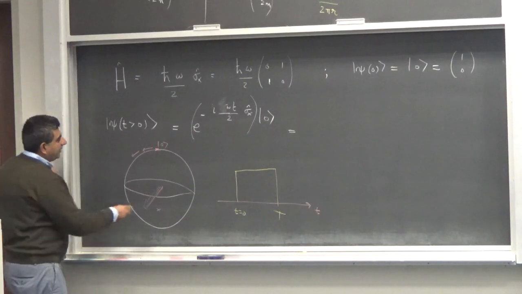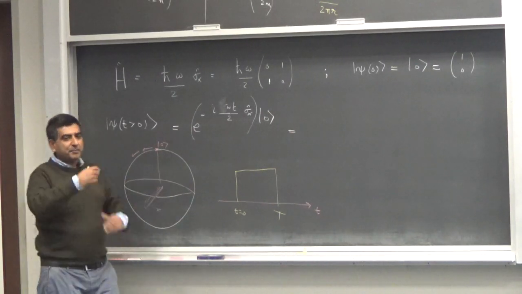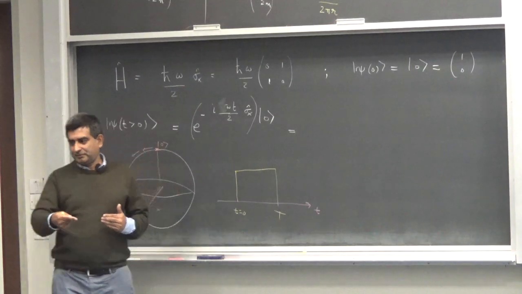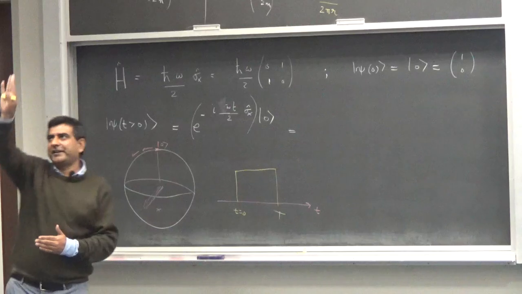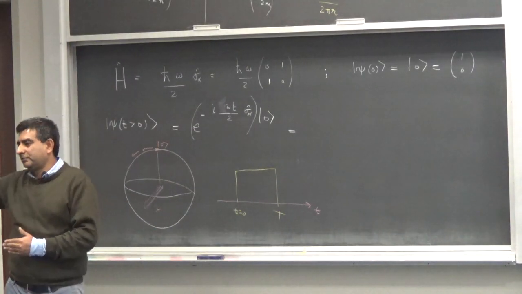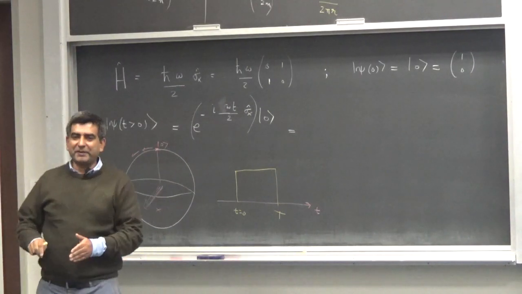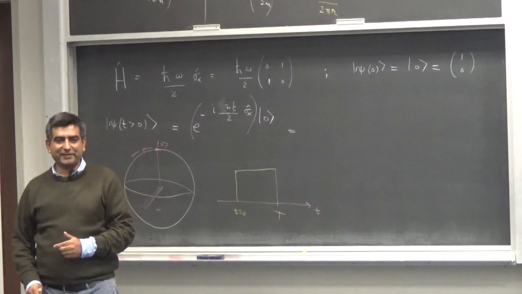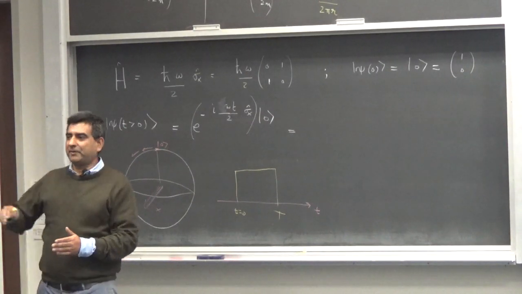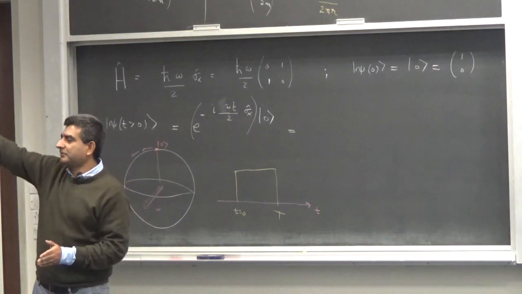Depending upon how fast omega is, which means how big the strength of the magnetic field is, this state is going to revolve about the x-axis. If the magnetic field is large, it will revolve faster because omega is high. If the magnetic field is small, it's going to rotate slower.